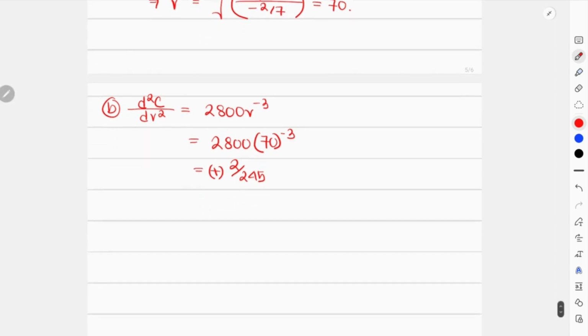So finally we have proved that since d squared c over dv squared is positive for v equals 70, c is at a minimum. This is not the maximum, this is indeed the minimum.